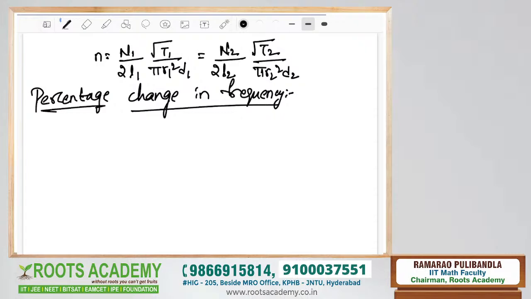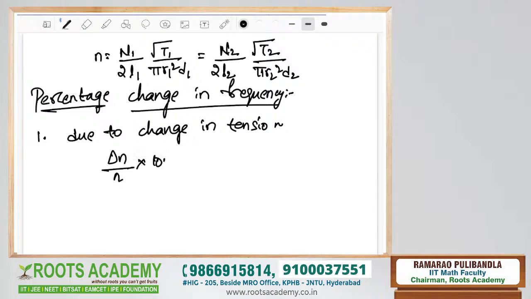So here the first one, when there is a change in tension, then the percentage change in frequency into 100 is equal to 1 by 2 into delta T by T into 100. So this is the case when there is a change in the tension.